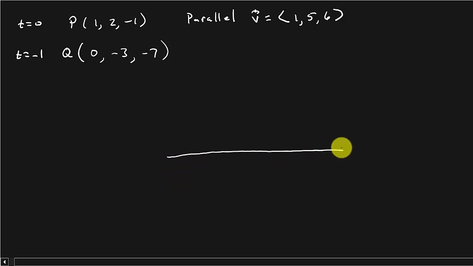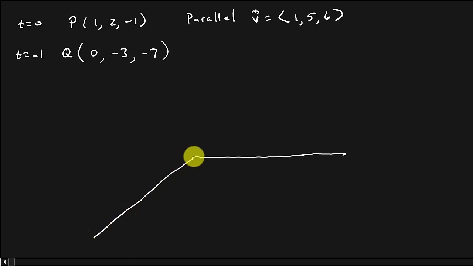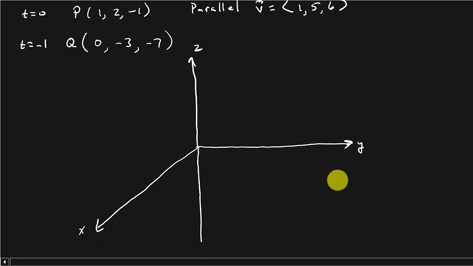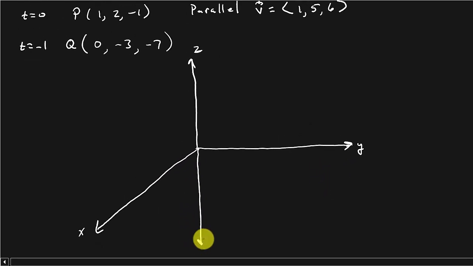So let's see. Let's do this. Let me draw that better. Here, here, and there's Z. And there's X, Y, Z. And let's go ahead and bring this down. That'll be good enough. And let's bring this on across, because we have to plot some negative values there.